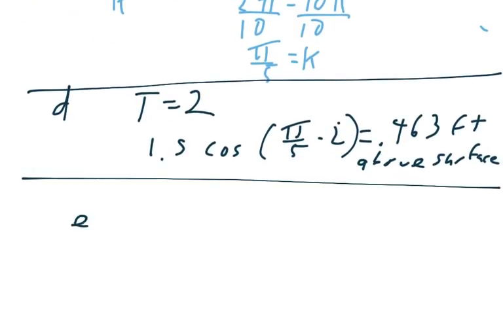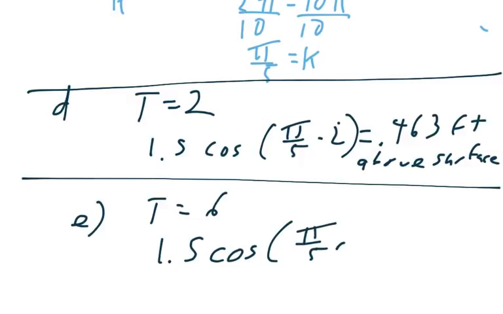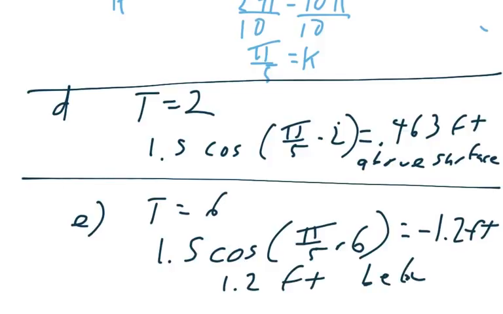And then letter E, if we do t equals 6, we get 1.5 cosine pi over 5 times 6, which turns out to be negative 1.2 feet, which is 1.2 feet below the surface, where it would be if it was perfectly calm.